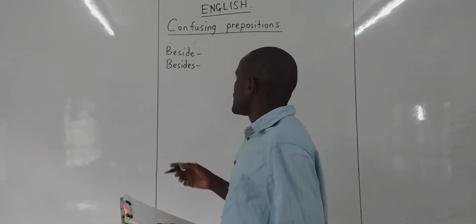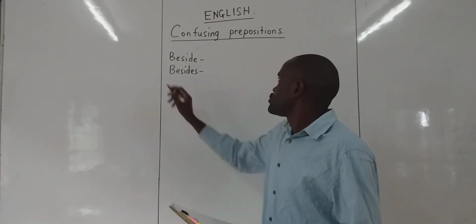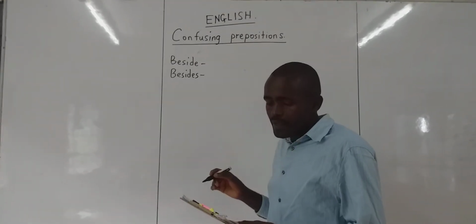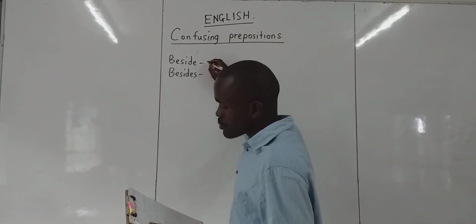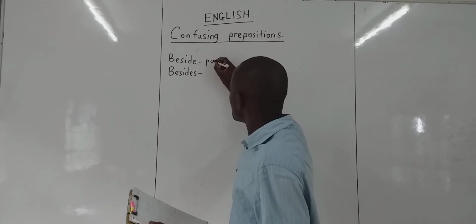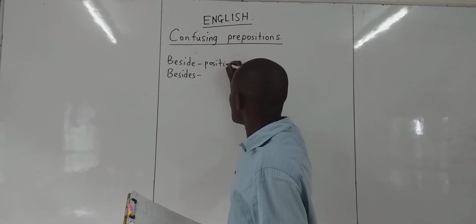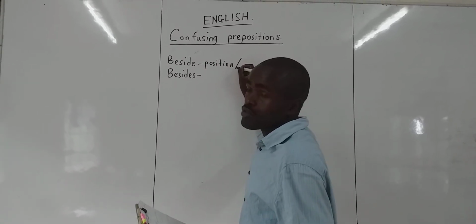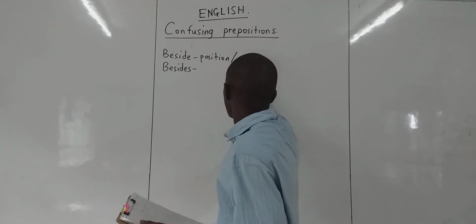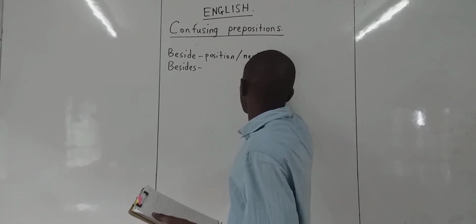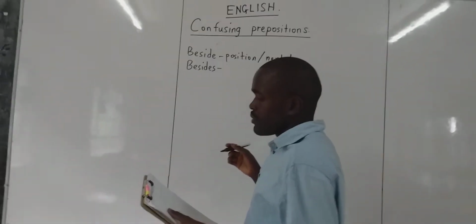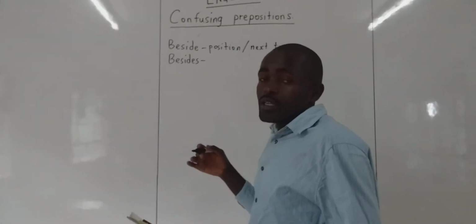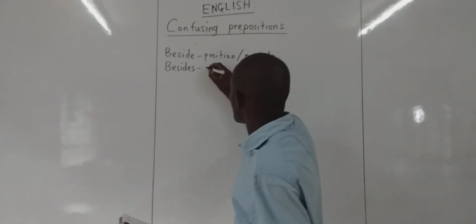These have different meanings. For example, beside shows position, or it means next to. And then besides shows addition.